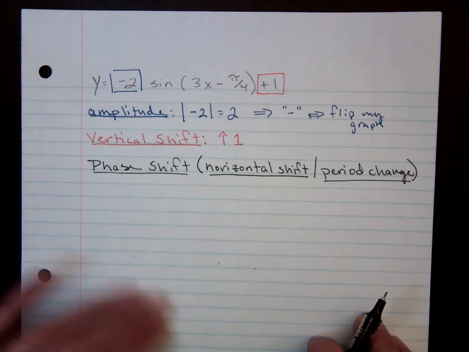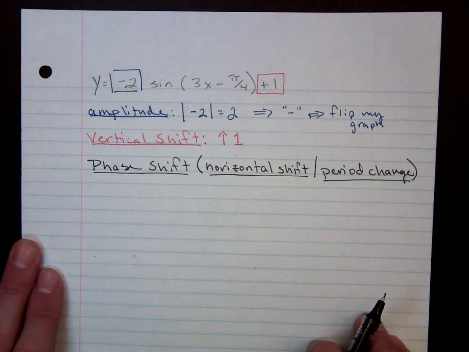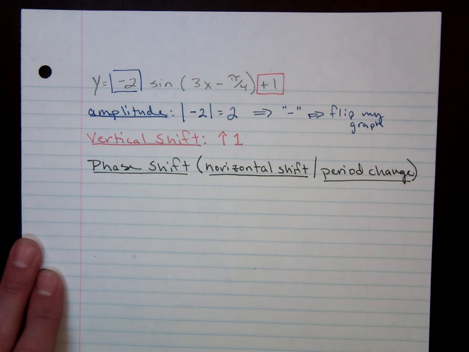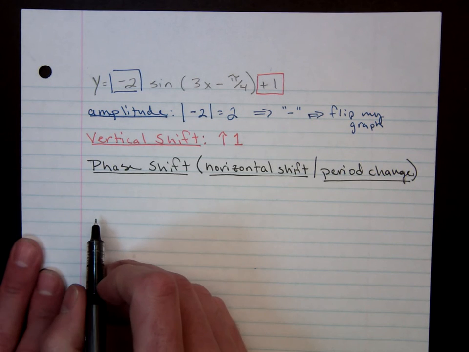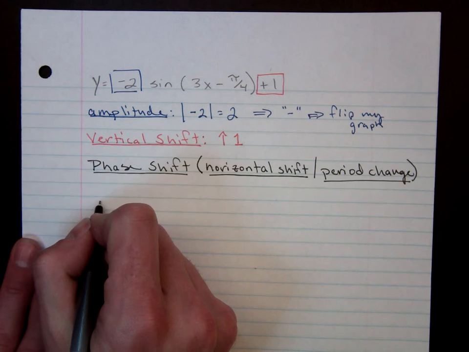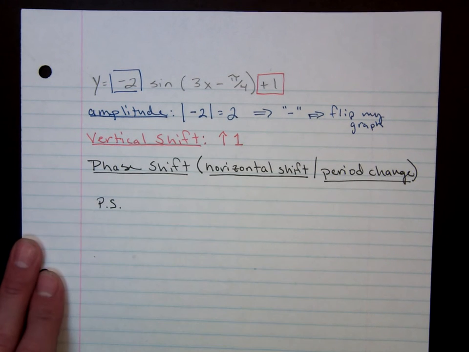Now, there's a couple ways that you can actually find this piece of information. The easiest way is that there actually is just a formula that you can memorize.